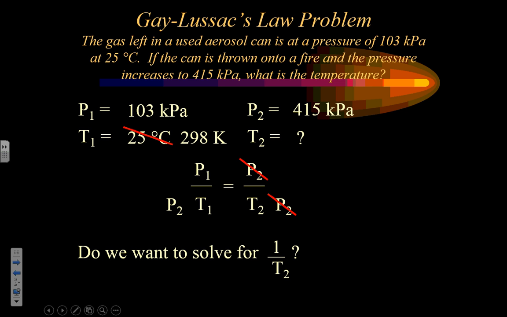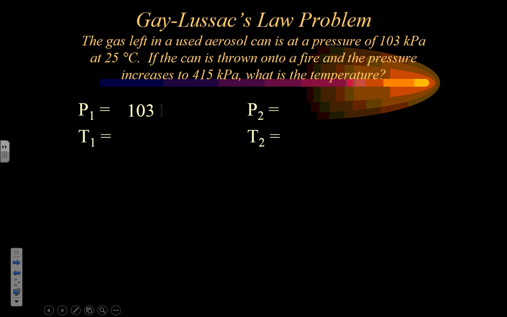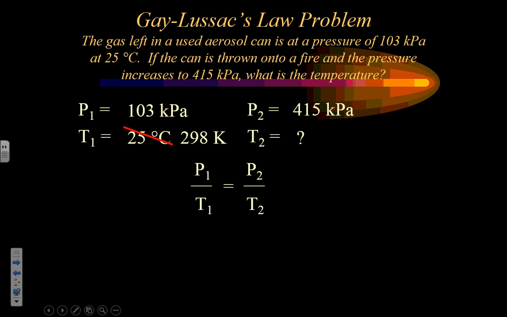We don't really want to solve for 1 over T2. We don't want to know the inverse of the right answer. We want to know the right answer. So remember when you're solving for a variable that's on the bottom, we first need to get it on top. Now, I want to get rid of that T2, and it's on the bottom. So if I multiply both sides by T2, yes, those two T2s will be gone on the right. But notice where the T2 now is.